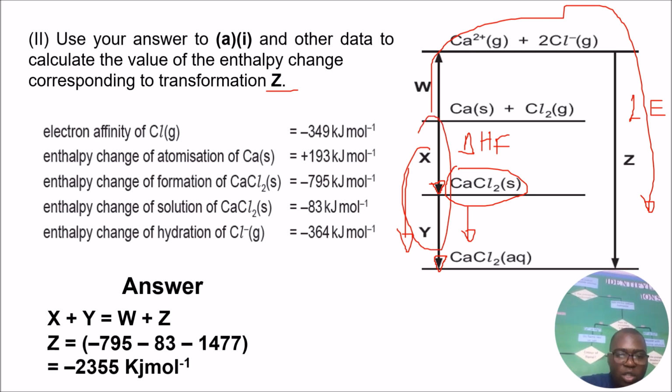So x plus y should be able to give us W plus Z. So once you substitute the appropriate equation, then make Z the subject of the formula, you are going to get your answer as this one here. So the lattice energy in this case will be negative 2355 kilojoules per mole.